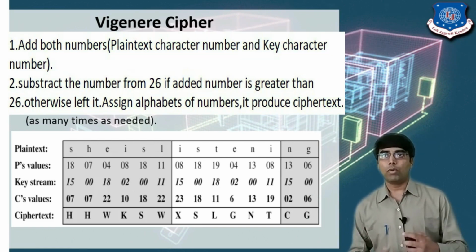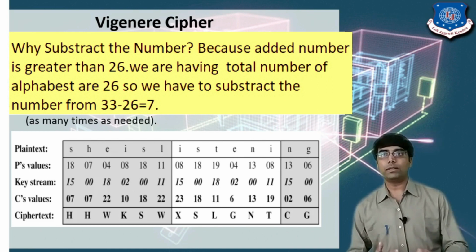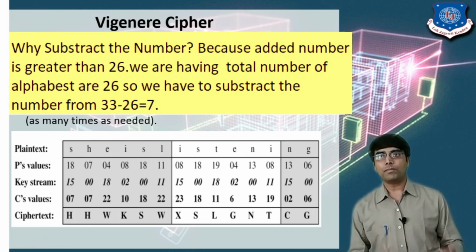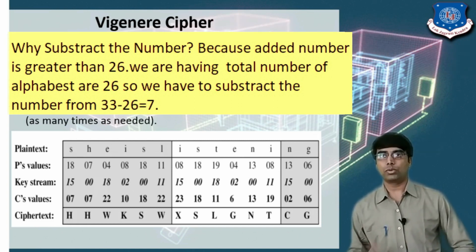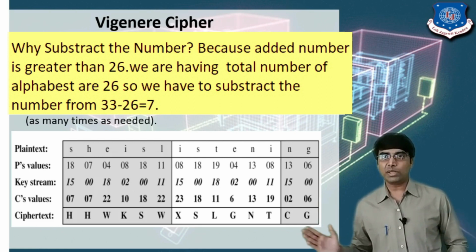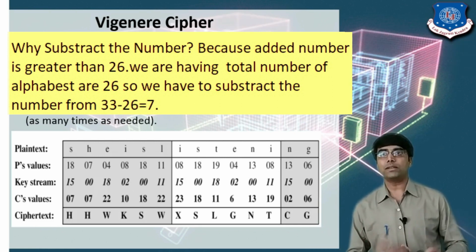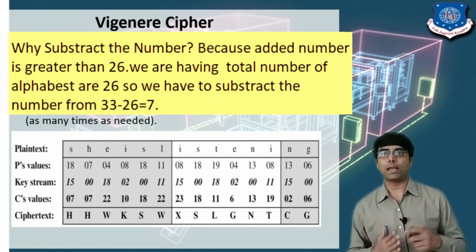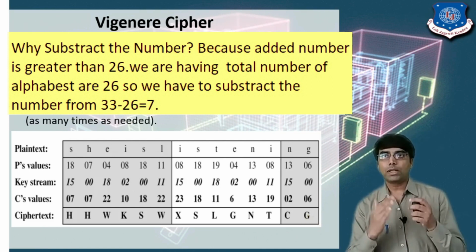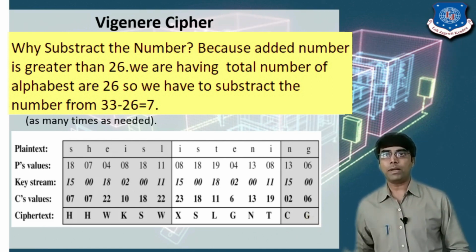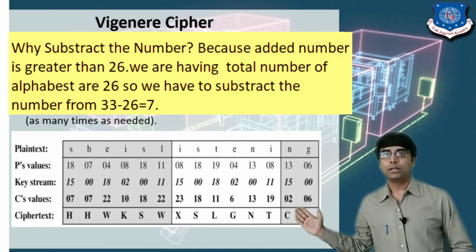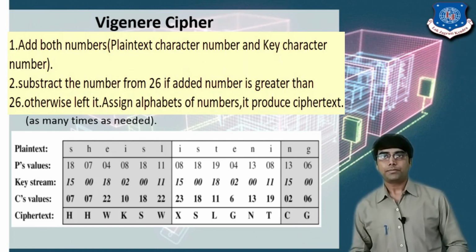That means whatever value you get after P1 plus K1, you reduce mod 26. So 33 minus 26, you will get 7. Now we convert this value into the alphabet. The value 7 is the letter H.